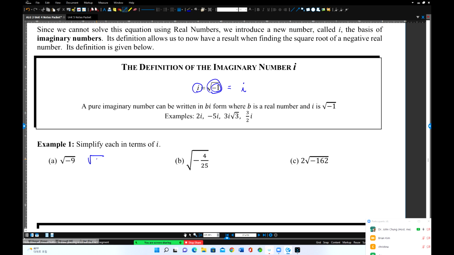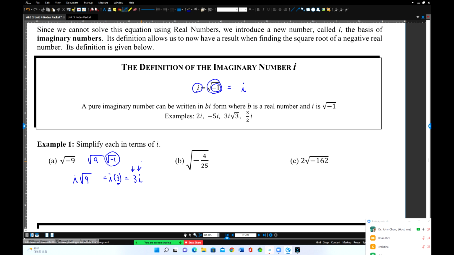Negative 9 is 9 times the square root of negative 1, isn't it? You can separate. This is i, this is the square root of 9. But the square root of 9 is 3, isn't it? So 3i. When you have a real number, it's written like this, 3i. Number first, i second. Still this is imaginary.